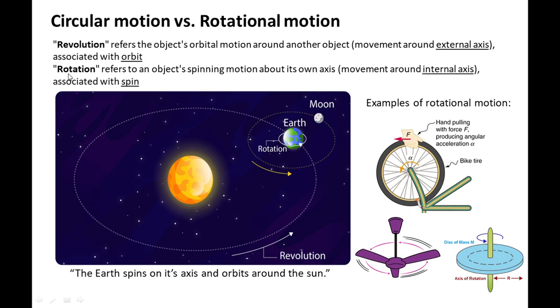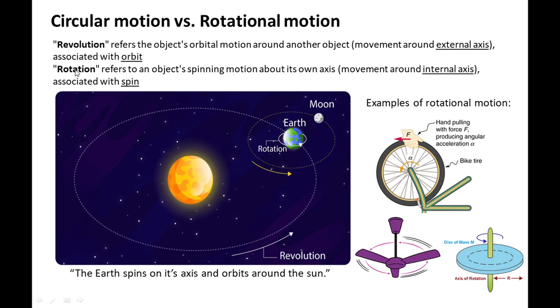However, rotational motion is different in that it refers to an object's spinning motion about its own axis, which means that the object is moving around an internal axis, or the point where the object moves is just inside of its body. And this is associated with a spin.